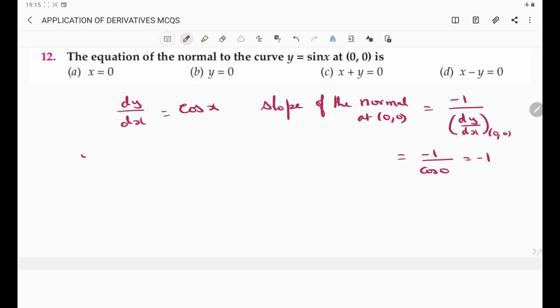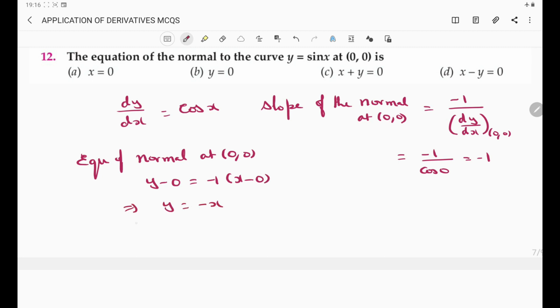So the equation of the normal at origin is y minus 0 equal to minus 1 into (x minus 0), which implies y equal to minus x, or x plus y equal to 0. So option C is the correct answer.